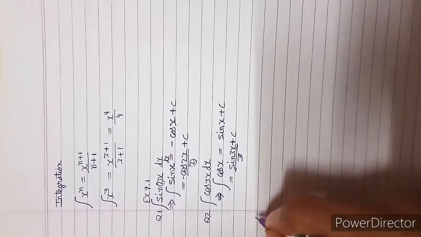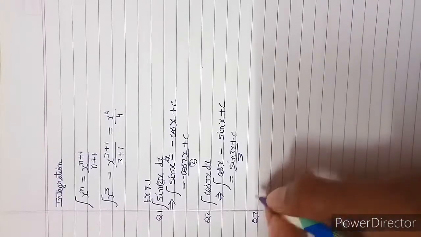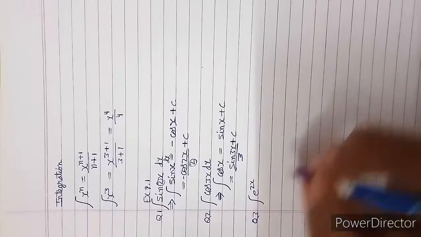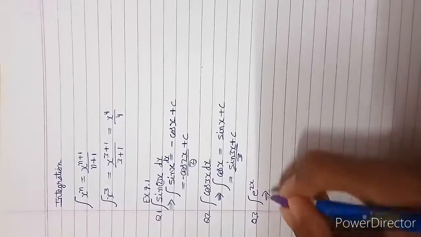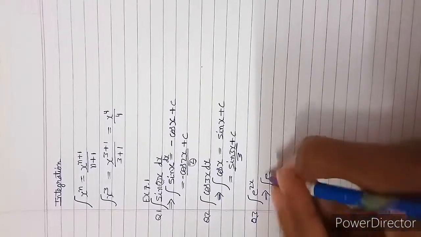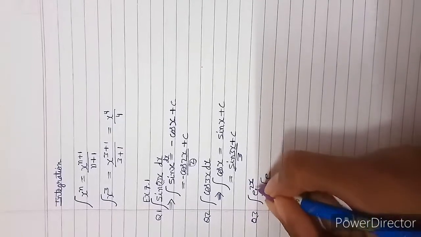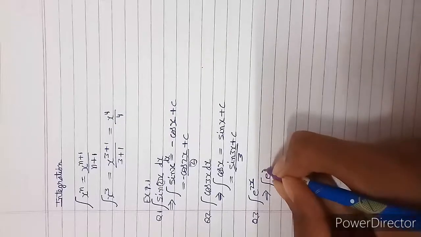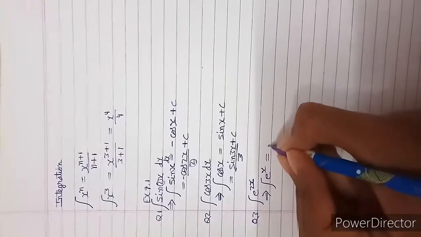Now moving to our question number 3, which is integration of e power 2x. So again I will mention the formula as it is our beginning and first lecture. So integration of e power x is simply e power x.